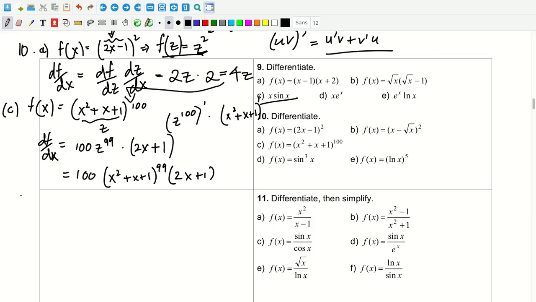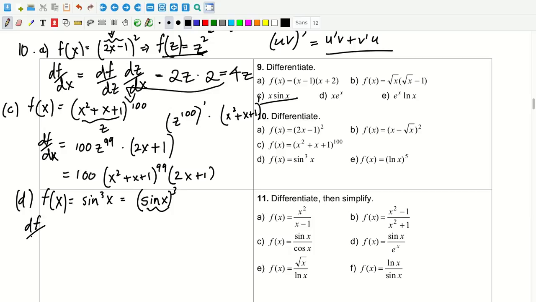That's it. And then we've got d, which is f of x equals sine cubed x. Now, don't be confused. When it says cubed, this can be rewritten as this. And I've seen a lot of students rewrite this like this. Bad. These are totally different. These are not the same. So it's the cube of sine x, essentially, that we're working with. So again, now call z sine x, right?